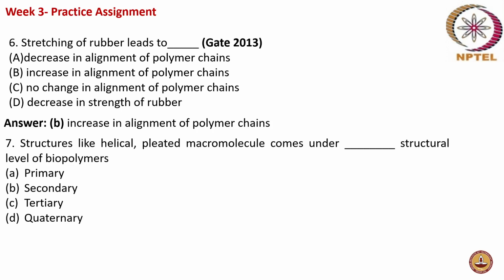While discussing the recap, we were discussing the primary, secondary, tertiary, and quaternary levels, right? So under which level do you get these? You were saying helical, beta sheets and all, right? I actually told the answer to this question in the brief recap itself. Do you remember?